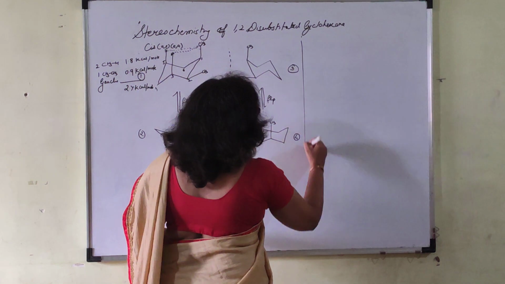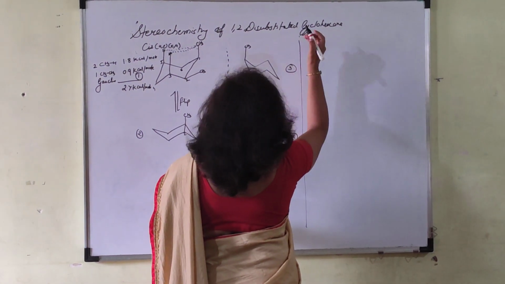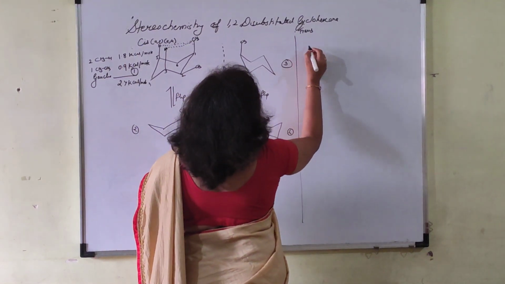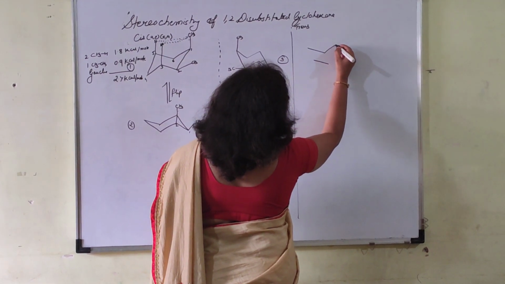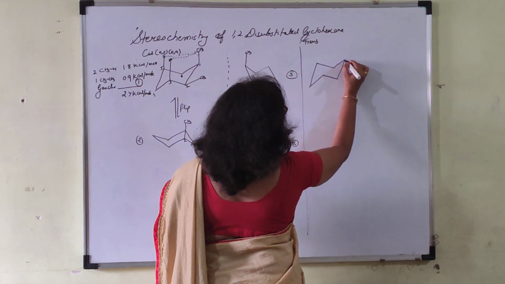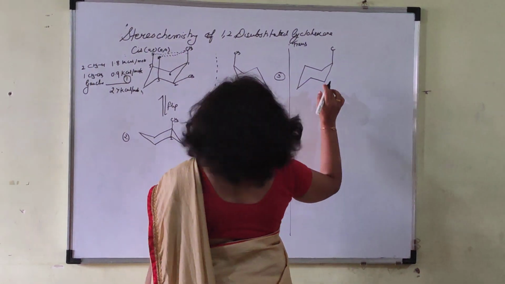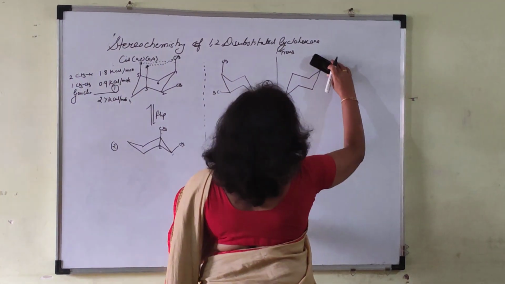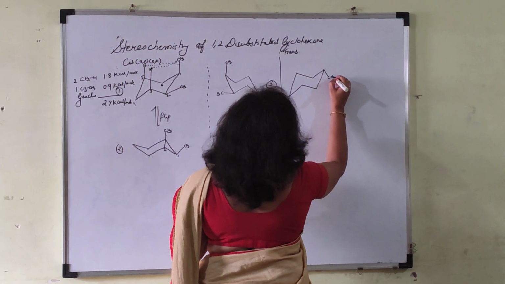Now, let us go for a trans isomer. Now, in case of trans isomer, let us start with the equatorial CH3.